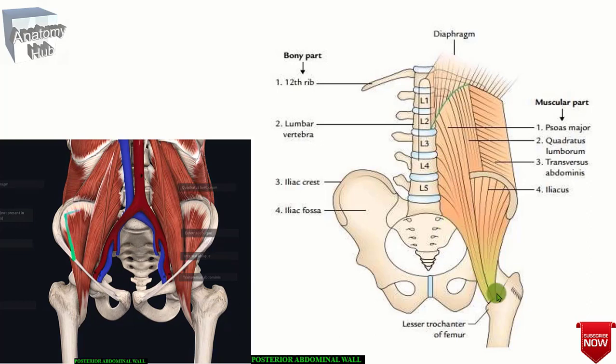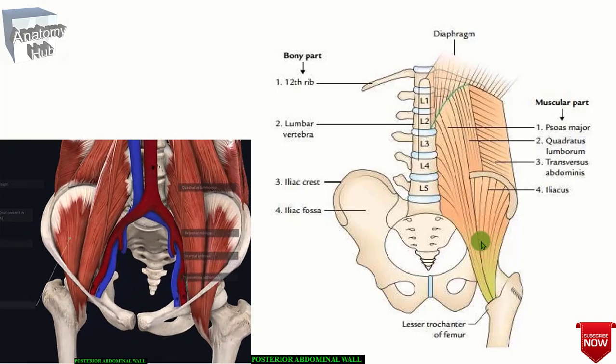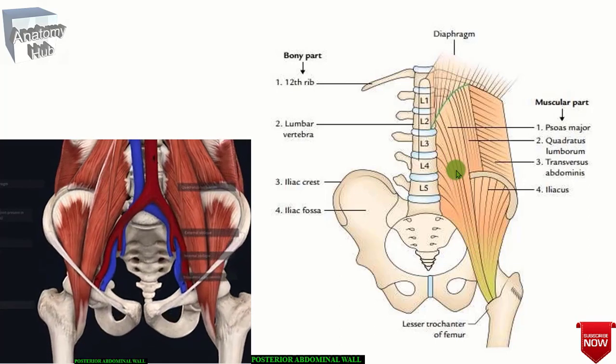Acting from below, it flexes the trunk on the thigh, as in raising the trunk from the recumbent to the sitting position, and it is innervated by the L1 to L3 spinal nerves.